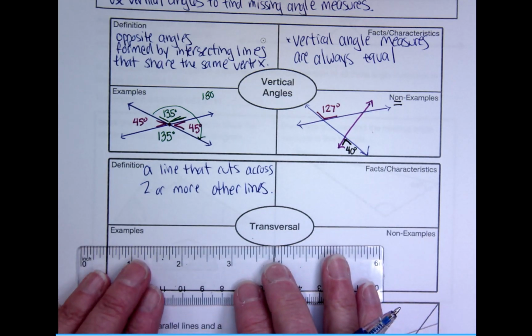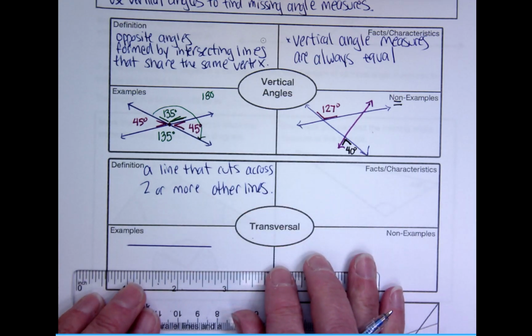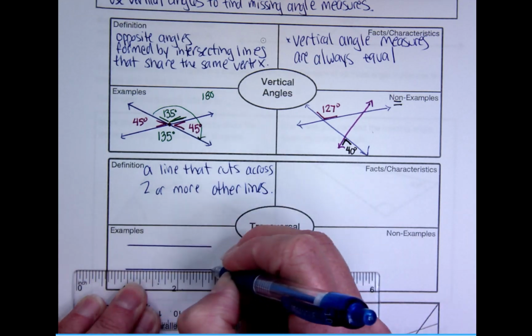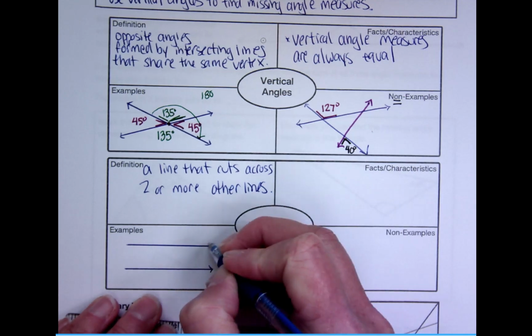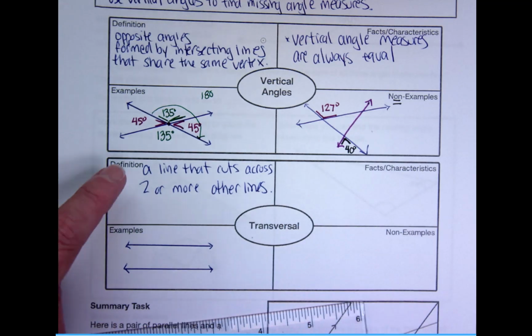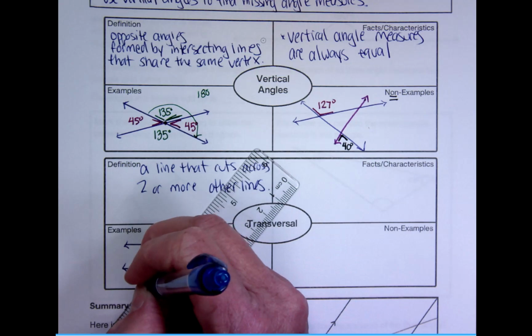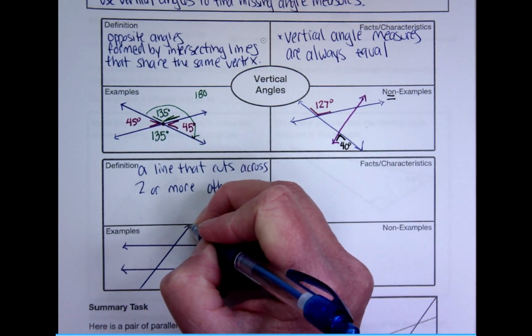That's really what our lesson had a lot of today. You're just going to have to believe me that these are parallel, continuing on forever and never touching. And a transversal is a line that cuts across those. So this is our transversal line.